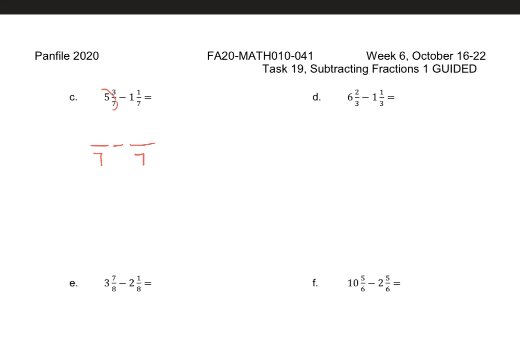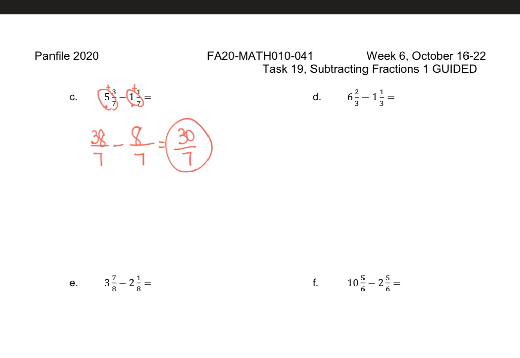But now I have to do that operation where I multiply and then I add. So 7 times 5 plus 3. 35 plus 3 is 38. 7 times 1 is 7 plus 1 gives me 8. So I have 38 minus 8 gives me 30 over 7. So my answer is 30 over 7.